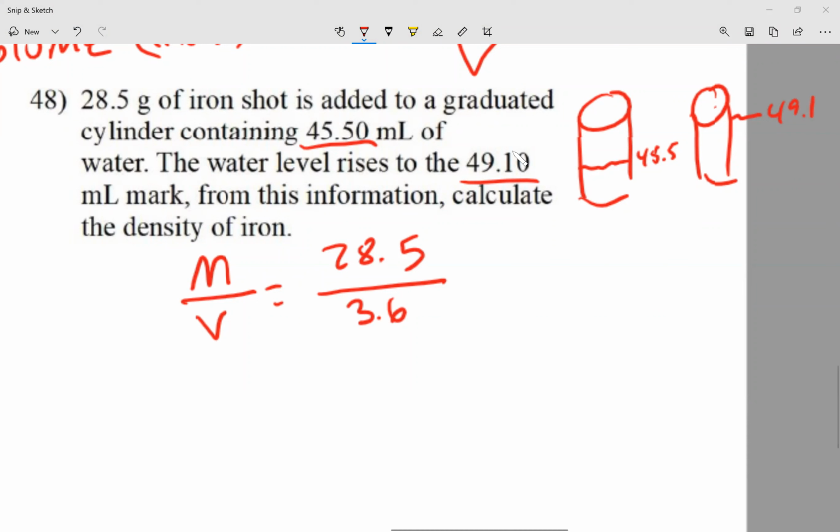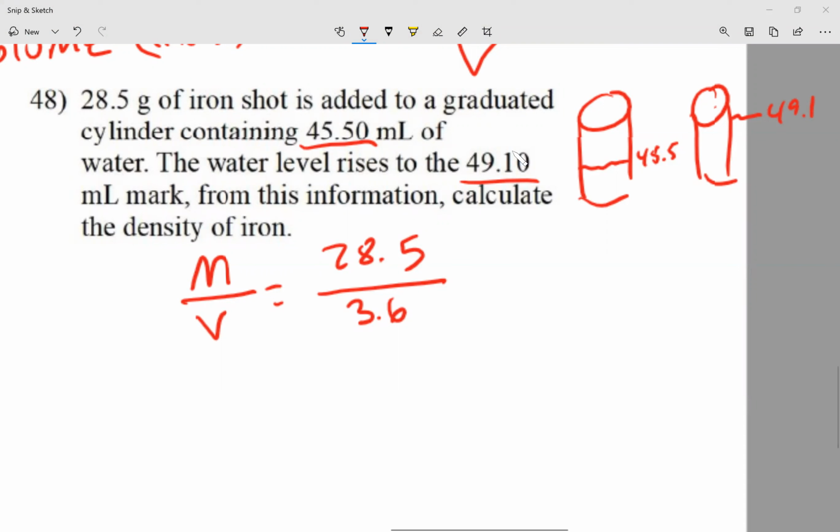As a matter of fact, on your homework, I'm even going to give you guys a question that says, the container by itself weighs this much. The container with just water weighs this different amount, but the container with a rock weighs another. So I'm going to give you guys three measurements, three weights. You're interested in how much the rock weighs, so make sure you pay attention to that.